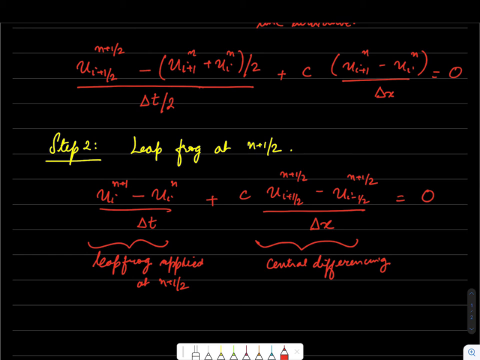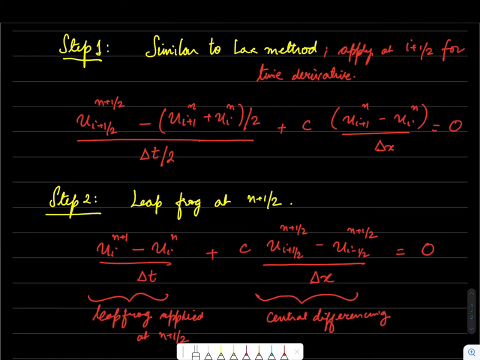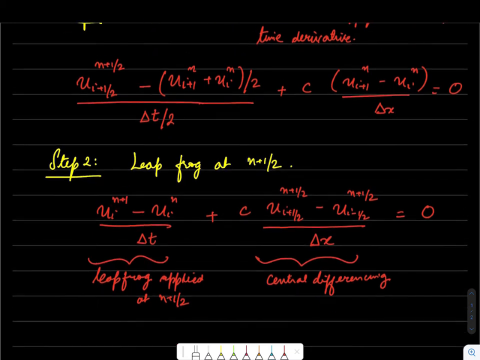So as I said, this is a 2-step and 3-time level method. You can see why it's a 3-time level method, because there are time levels n, n plus half and n plus 1. And it's a 2-step method because there are 2 steps. One is essentially calculating the variables at n plus half. The second step is using the variables at n plus half to calculate variables at n plus 1.